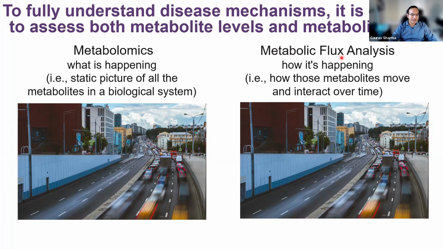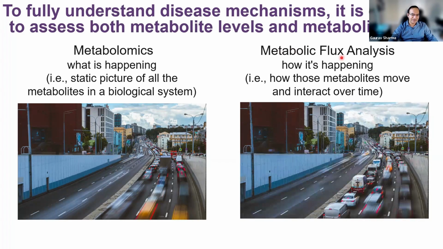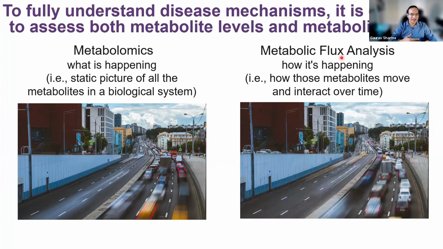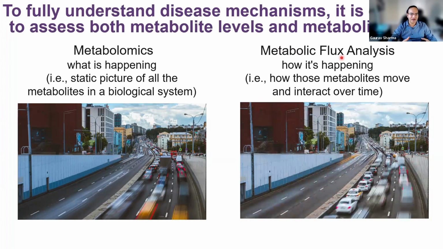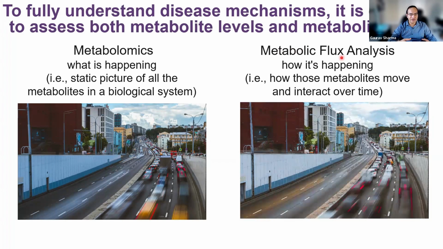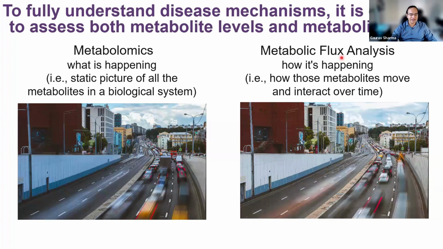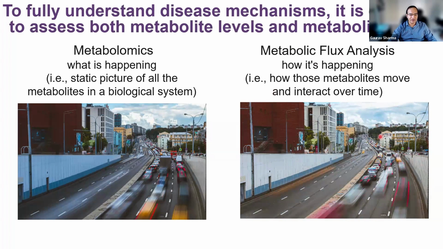If you look at these two pictures, the difference is how these metabolites move and interact over time. Imagine the roads are the different pathways, and these cars are the metabolites. If you have a sense of driving, you would better understand what I'm talking about. So that's the difference between metabolomics and metabolic flux analysis.